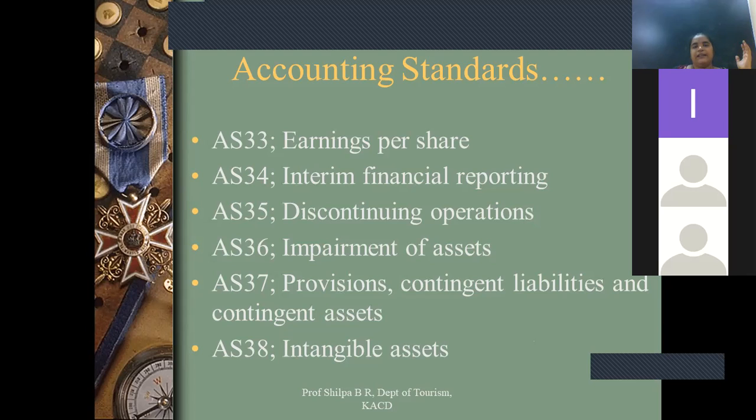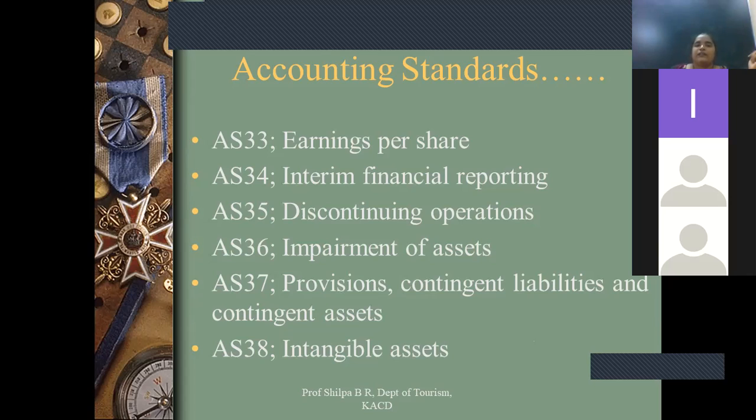Then if you are shutting down any operations, if you are closing down any business, from the sale of that business, how much money has been earned, what were the costs of closing down, all those things are given under accounting standard 35, that is discontinuing operations.